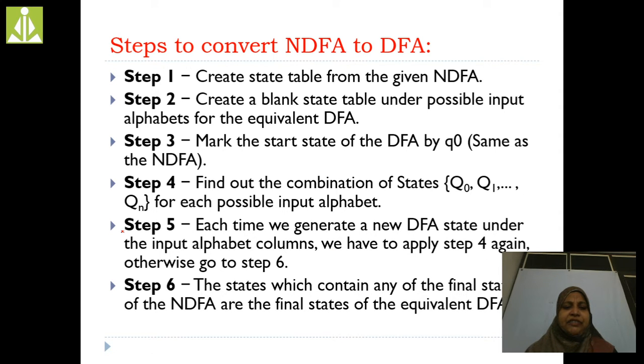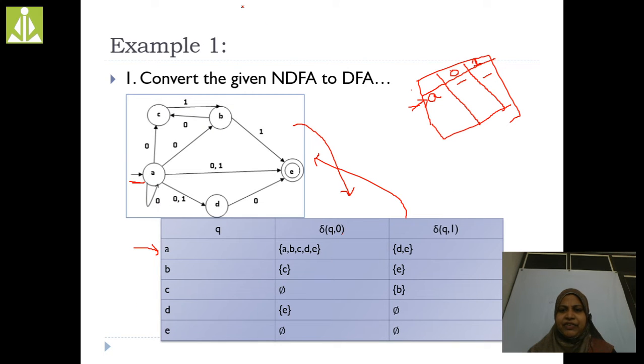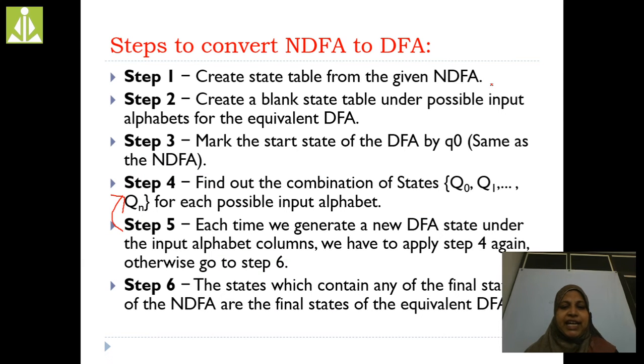Whenever we get new states, for example A on 0 or A on 1 gives new states, we have to take these new states and perform the same operations again.